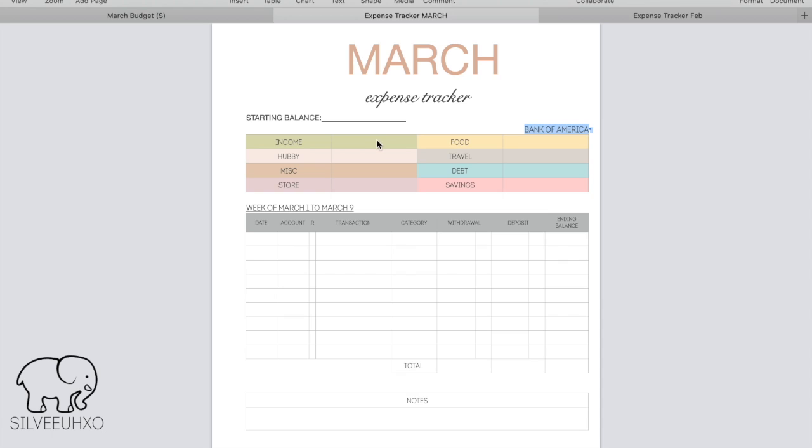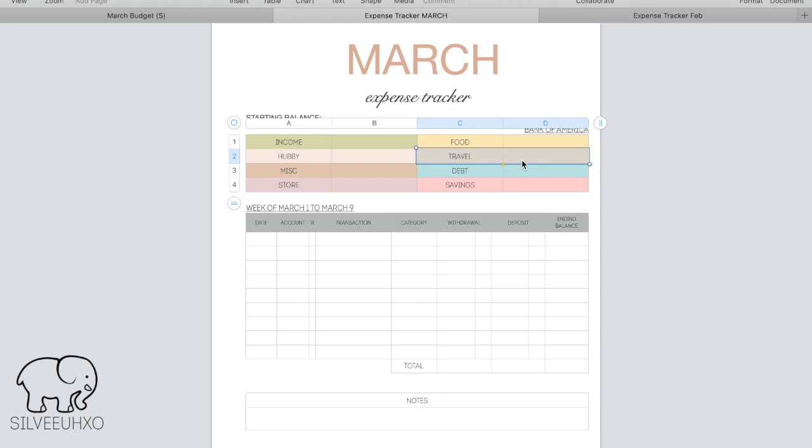And then right here, I have my categories. This one, travel, I may not use in March because I have no plans to travel for that month. And I may not even get the opportunity to travel since I'm starting a new job that month. And you definitely don't want to be traveling on your first month on the job, right?